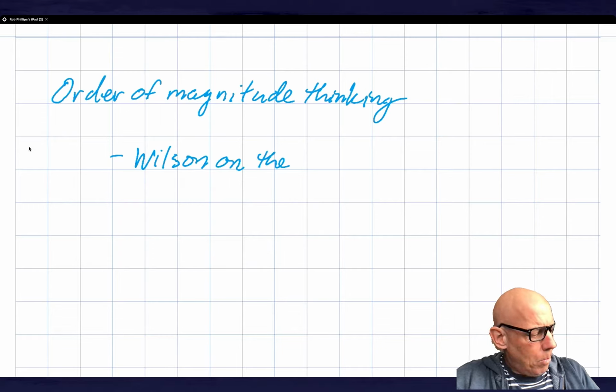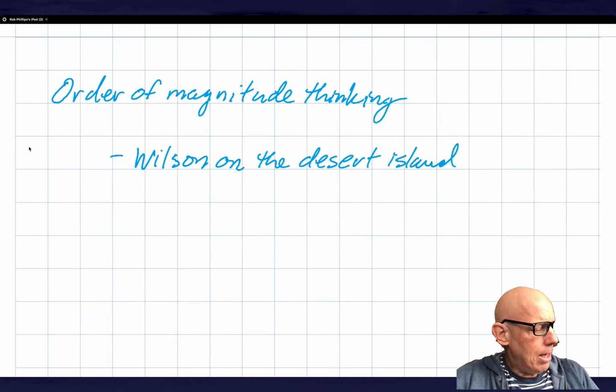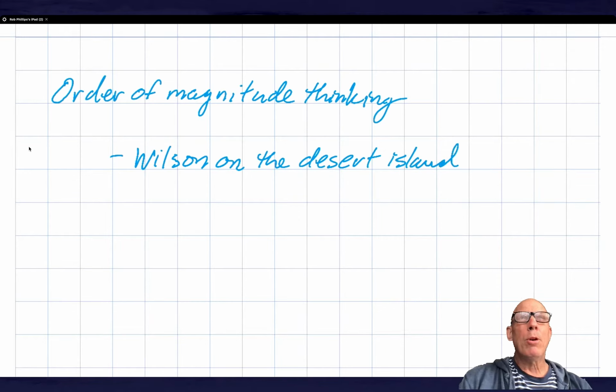One of them was Wilson on the desert island. That is to say, what could we figure out by pure thought? And I think you've seen that, by knowing the size of a cell and then imagining that its density was the same as that of water, and then knowing what fraction is dry mass and so on, we were able to figure out a lot of things, like how many carbon atoms there are, and then how many ATPs that would imply need to be exploited.